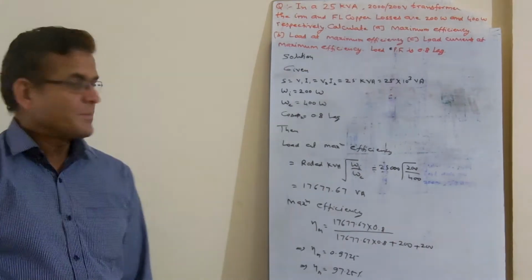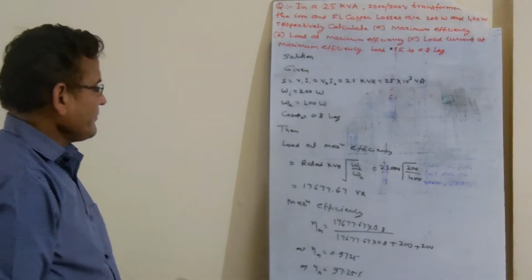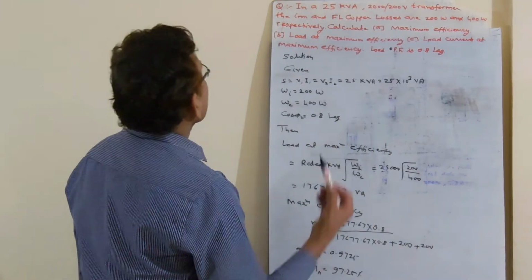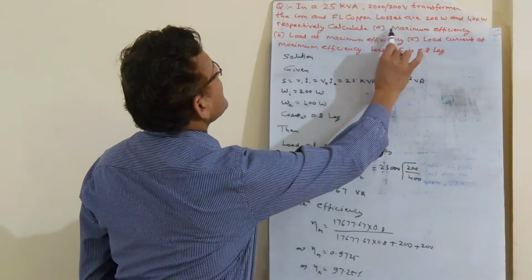So the value of maximum efficiency is 97.25%. This is the answer of A part.